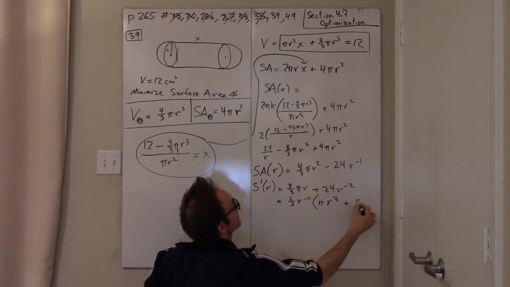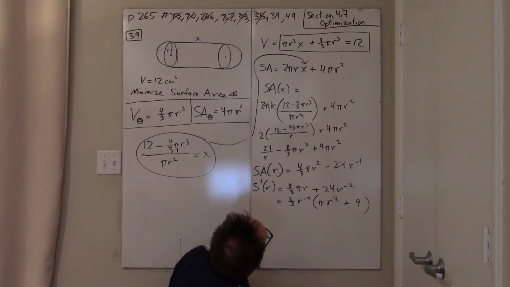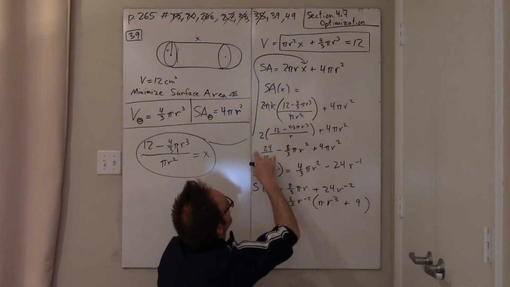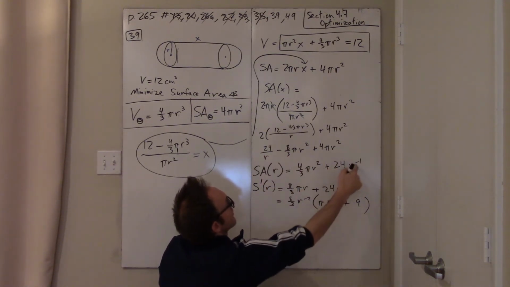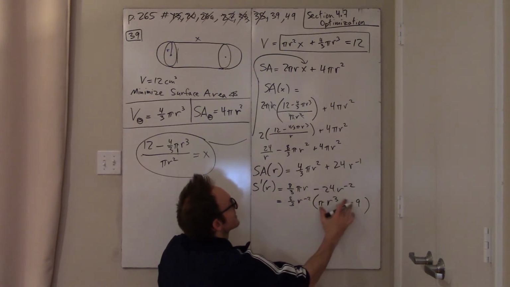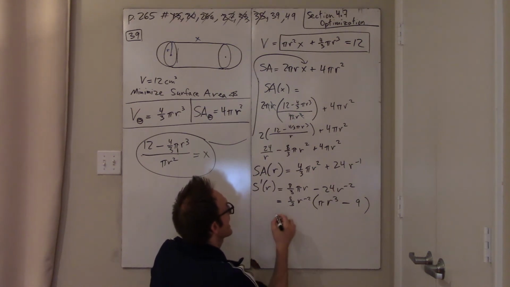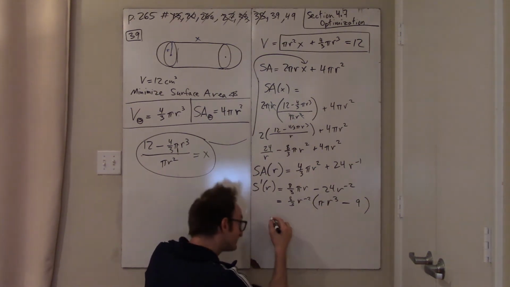Plus 9. I think I must have made a sign error somewhere. Oh, that's not minus 24, it's just plus. So in fact, when you differentiate, you get negative, so that's in fact negative. Okay, this is terrible. I'm going to take out one more thing, which is pi.